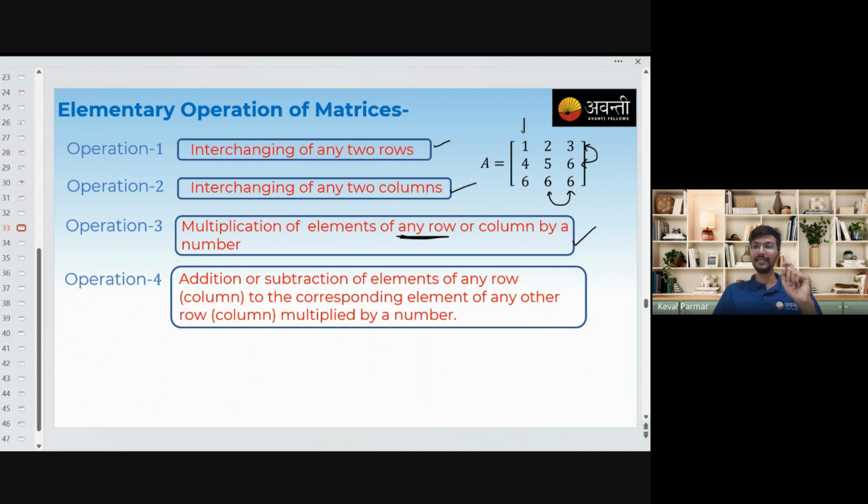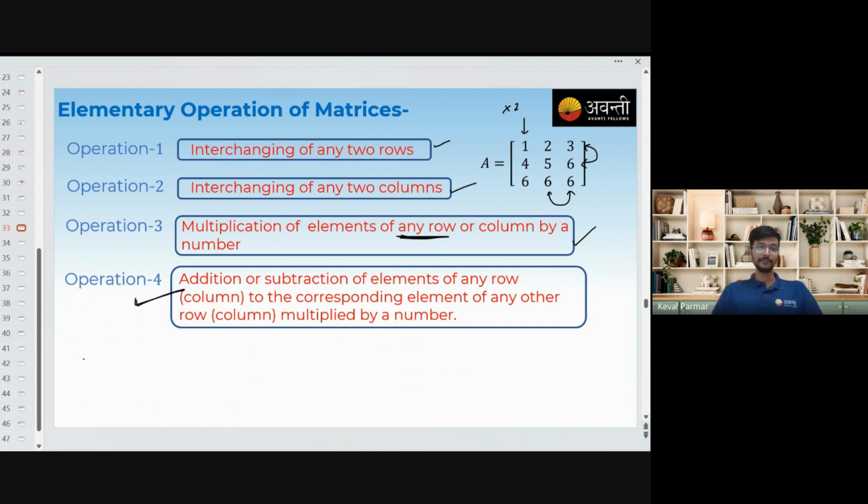Suppose I multiplied this column by 2. And we can add or subtract the corresponding elements of 2 rows or 2 columns.